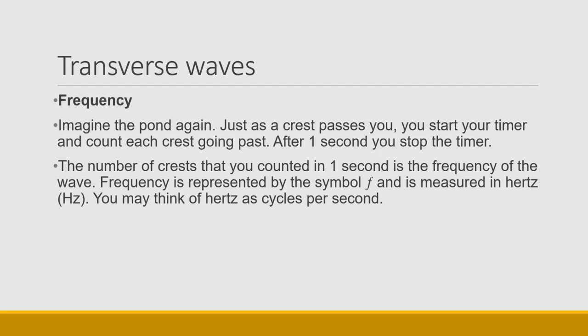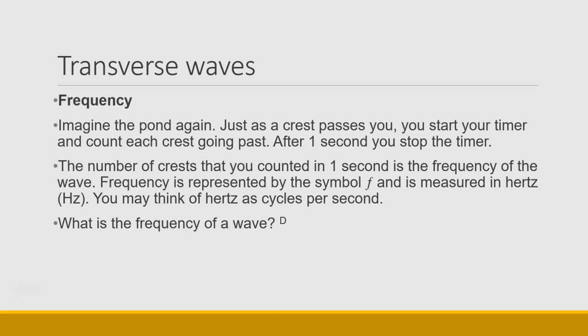Frequency is how many cycles manage to pass by a certain point in 1 second. Frequency is represented by the symbol F, and it's measured in hertz. But in your minds, you should always convert hertz to cycles per second because it's easier to make sense of what frequency means that way.